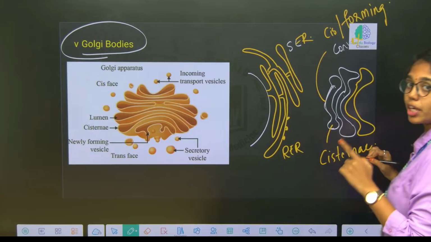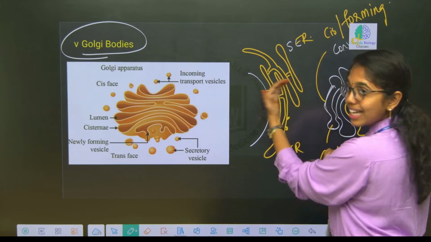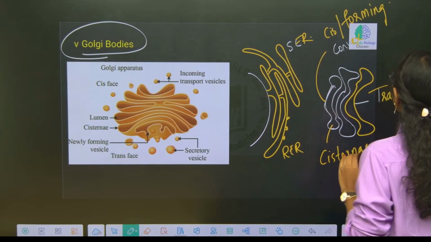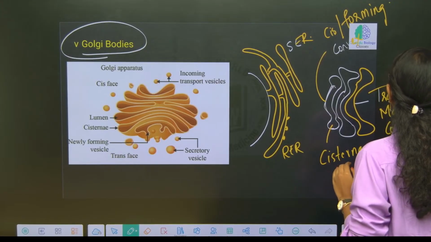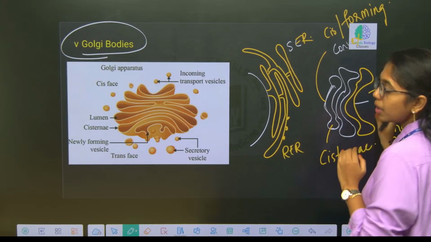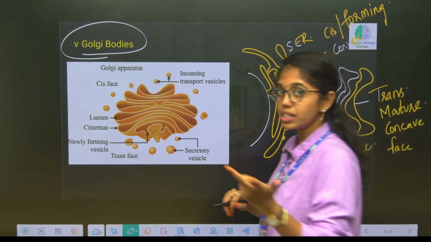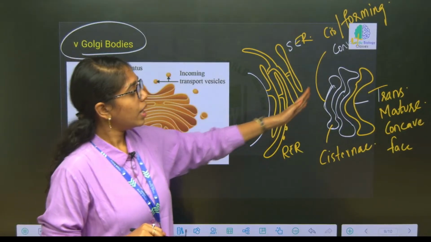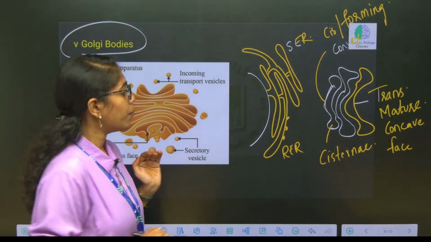Cis or forming or convex phase is towards the nucleus or the endoplasmic reticulum. Trans phase, mature phase or concave phase is towards the plasma membrane.